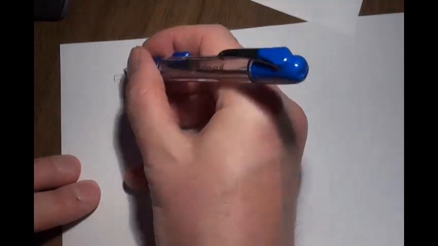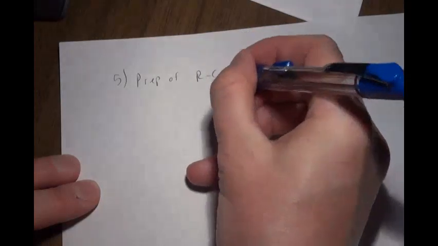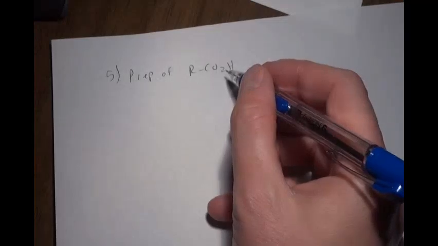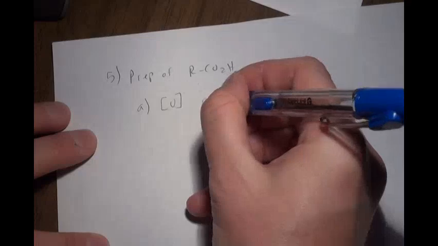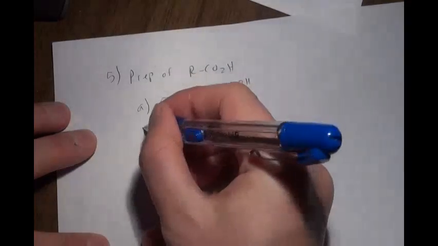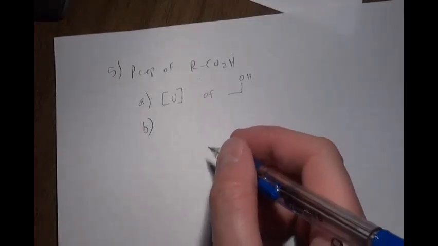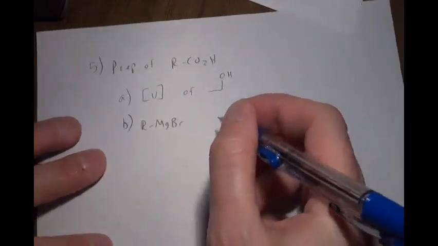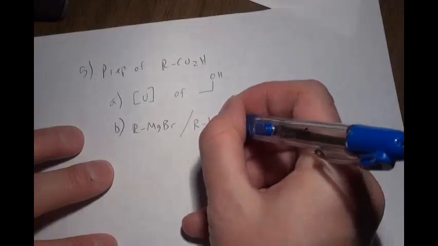All right, so we were just talking about preparation of carboxylic acids, or CO2H, and that was oxidation of alcohols. What's another way to make carboxylic acids? Another way to make them is reacting a Grignard, R-MgBr, a good nucleophile, or you could do R-lithium.